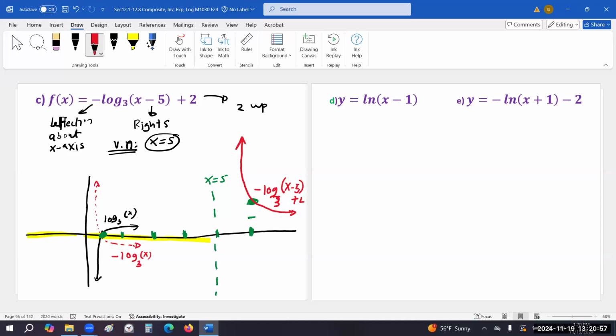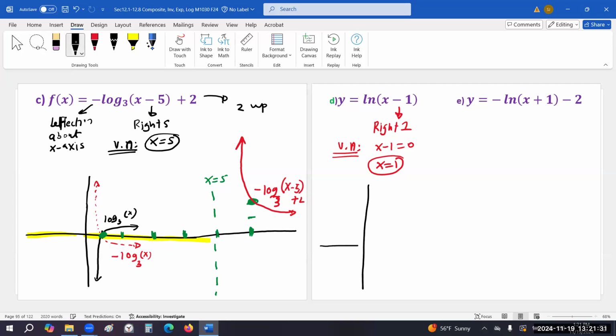Ryan, what do you do when you have a number next to the x? Good job, right one. And since you are going right one, what is your vertical asymptote? You set this equals 0, and so x equals 1. Remember, asymptote is a line, so it has a variable equals a number.